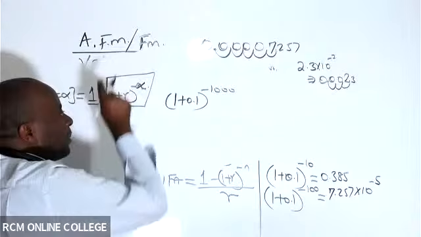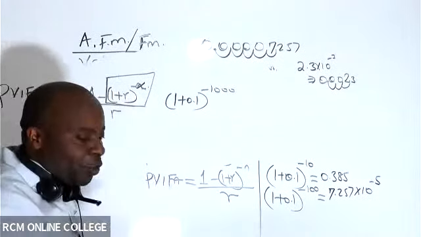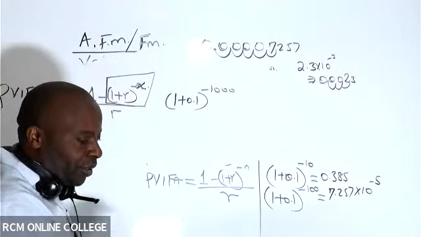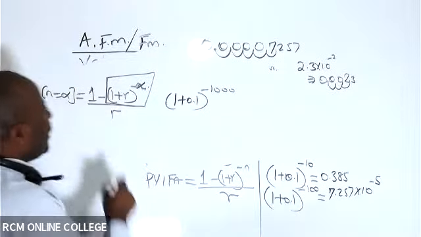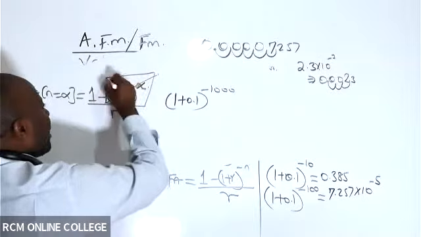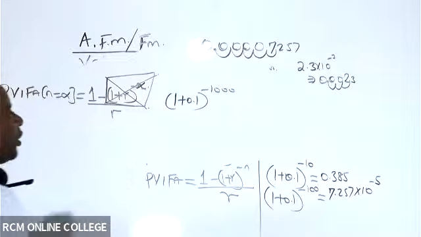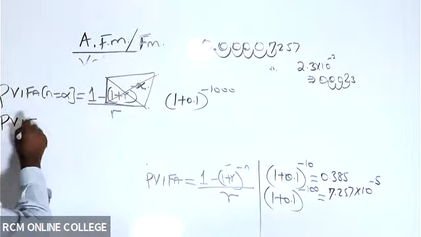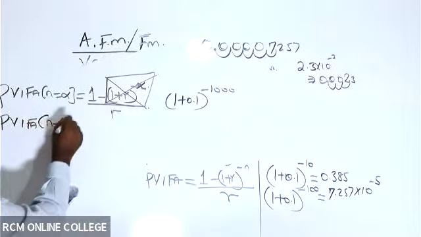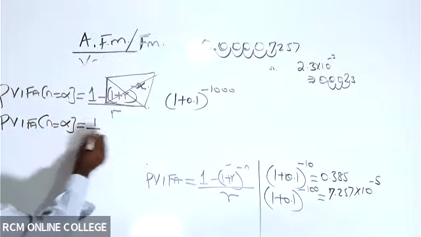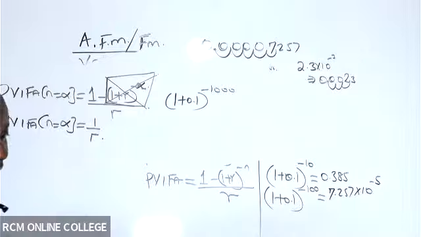So whenever N is infinity, we are better off not writing that particular function there. So PV-FA, when N is infinity, will always be equal to 1 over R.